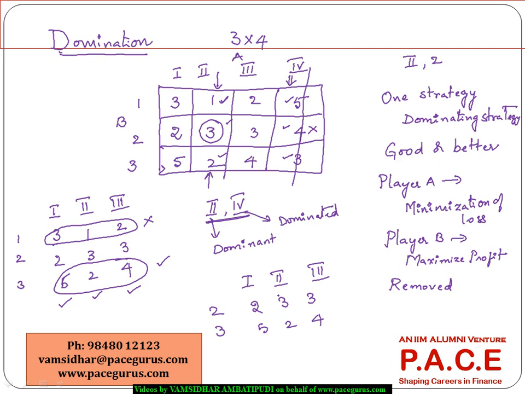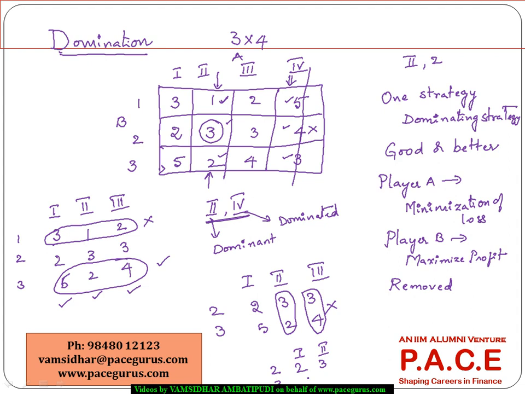Now again, compare this strategy versus this strategy of A. Again, I could see that strategy number 2 is minimizing the losses in all the cases compared to strategy number 4, which means strategy number 3 can very well be eliminated. So I am left with only strategy 1 and 2 for A and strategy 2 and 3 for B.